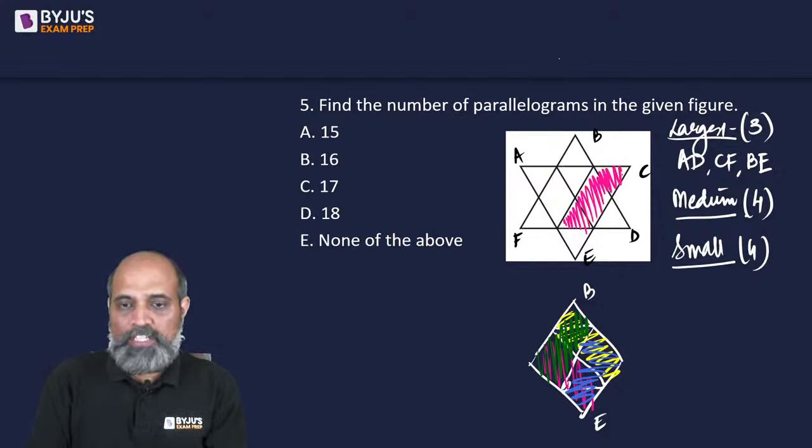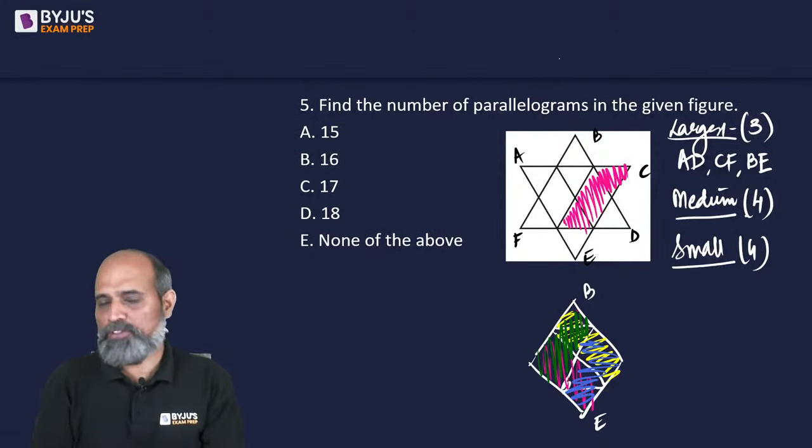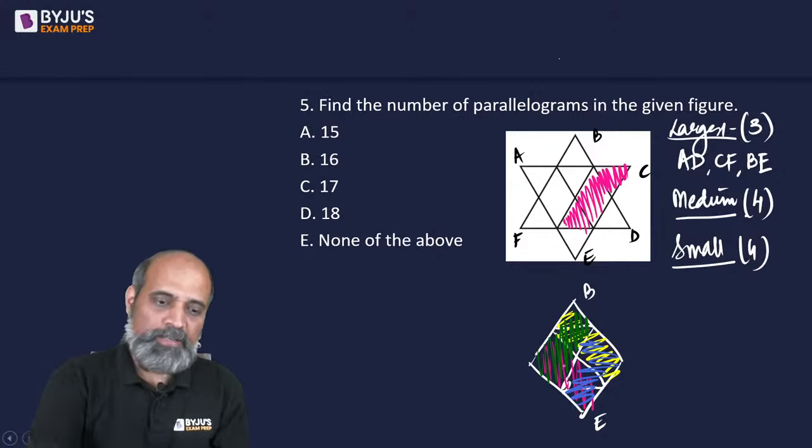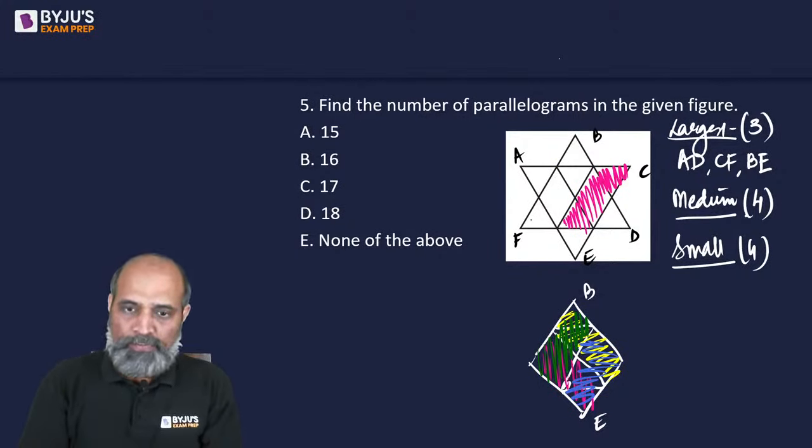did we look into this parallelogram? We did the one inclusive of B and E, we hadn't taken this one. Similarly, we did not see this parallelogram.